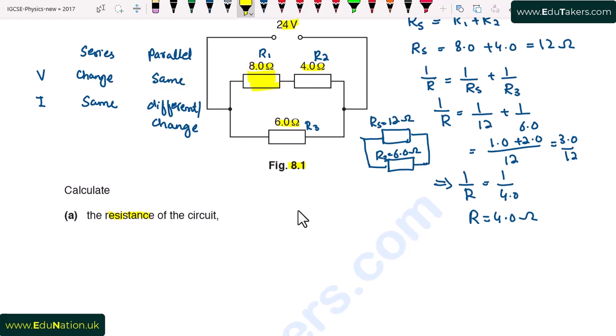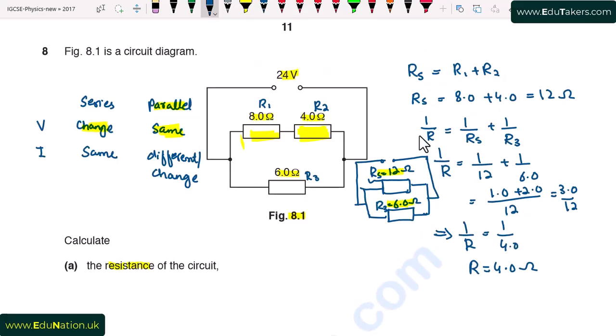For that we can see that this circuit, if I also connect battery here, so we can simply say that if the voltage across the battery is 24 volt, then the voltage across Rs and R3 will be 24 volt because in the parallel combination the potential difference remains same.